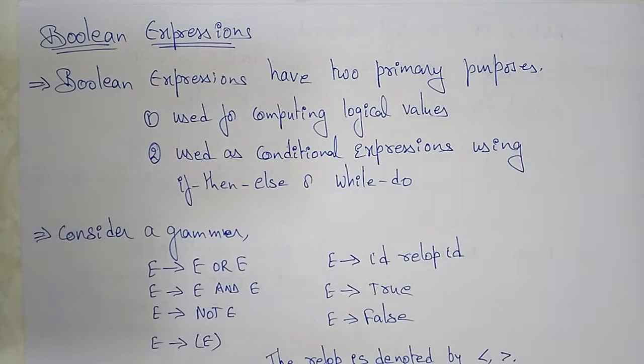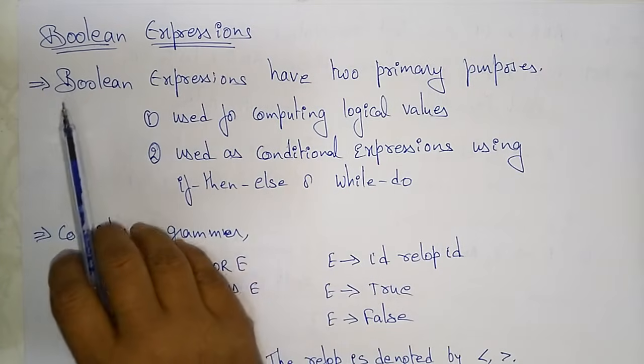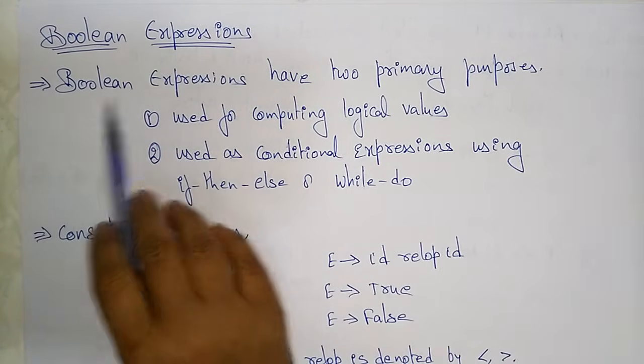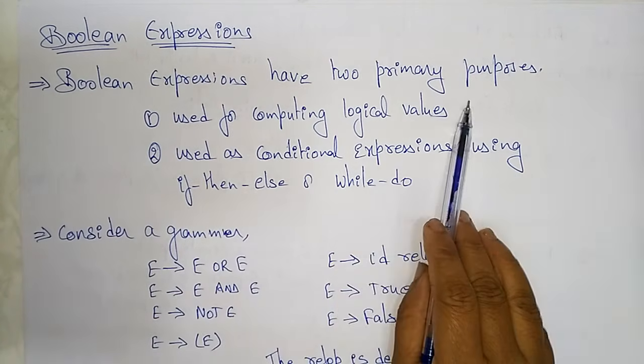Hi students, coming to the next topic, that is the Boolean expression. So for SDT, by using this syntax directed translation, let's see what the Boolean expressions are for the given grammar. A Boolean expression has two primary purposes.